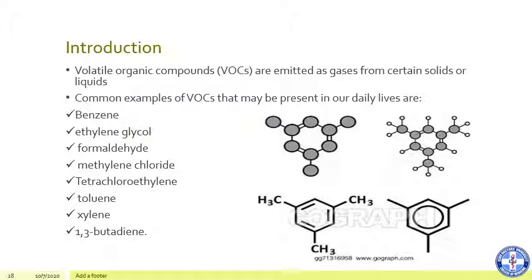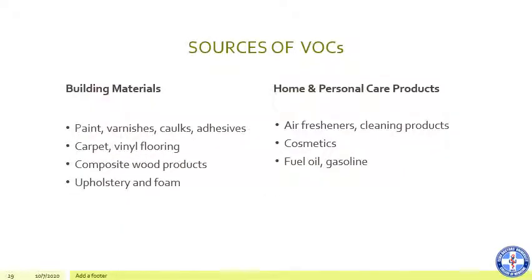1,3-butadiene. For the sources of VOCs, we have building materials like paints, varnishes, caulks, adhesives, carpet, vinyl flooring, composite wood products, upholstery, and foam.